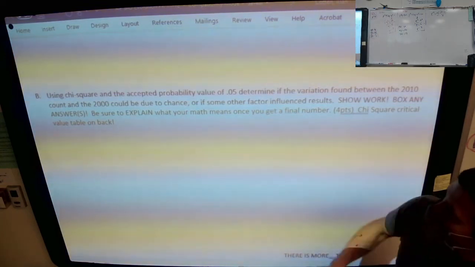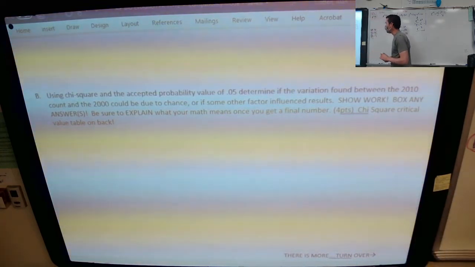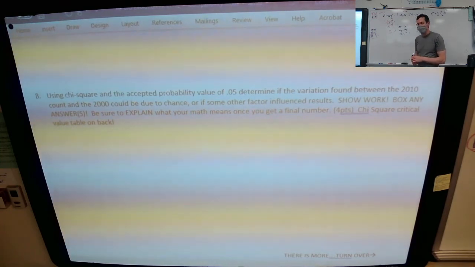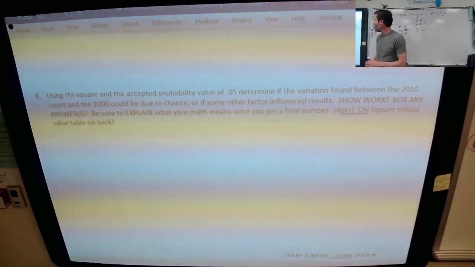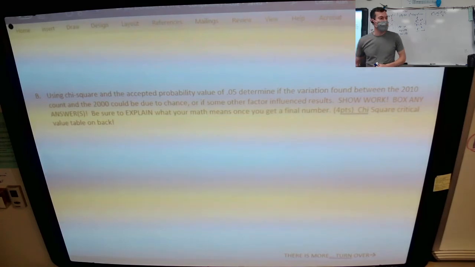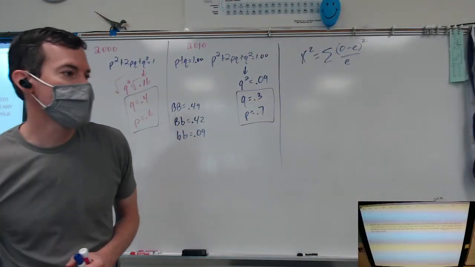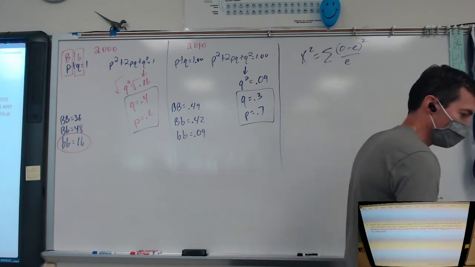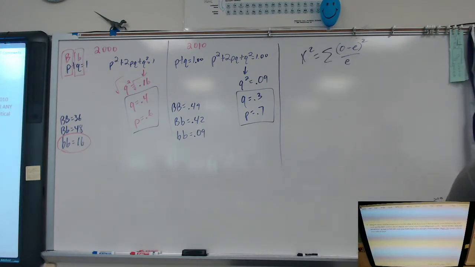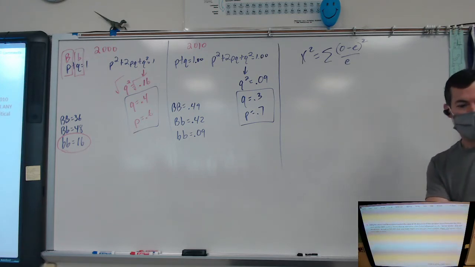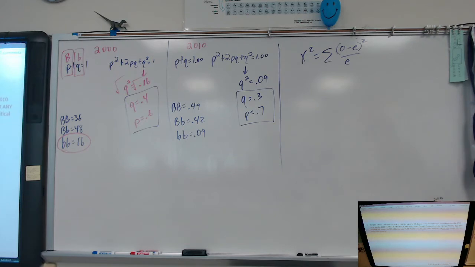Using chi-square and the accepted p-value of 0.05, determine if the variation found between 2010 and 2000 could be due to chance or something else. And this is the hardest part.